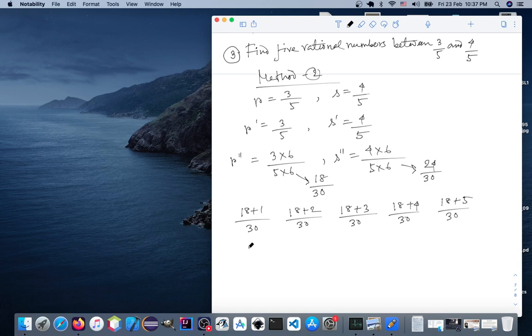This becomes 19/30, 20/30, 21/30, 22/30, 23/30, and obviously 3/5 is less than all of these, and they are less than 4/5. That was question number 3.